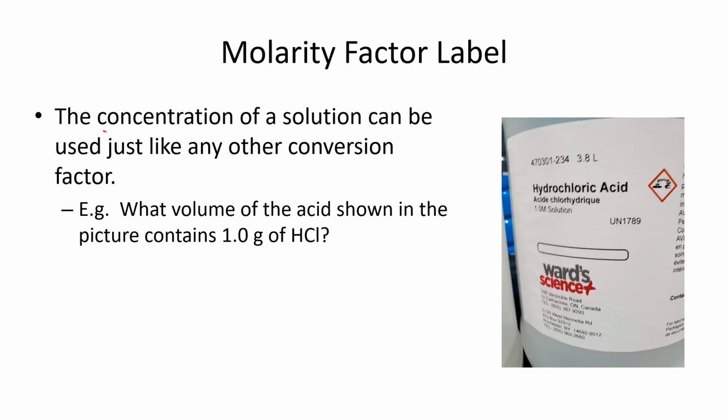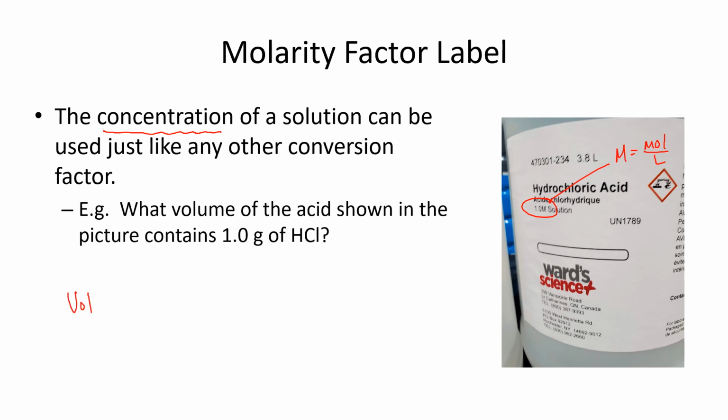So molar concentrations are conversion factors just like anything else. The only thing that students sometimes get a little tripped up on is the big M thing. So remember, over and over again, big M means moles per liter. And so that's a conversion. You can convert liters to moles or moles to liters using that value. So it says, what volume of the acid shown in the picture contains 1 gram of HCl.